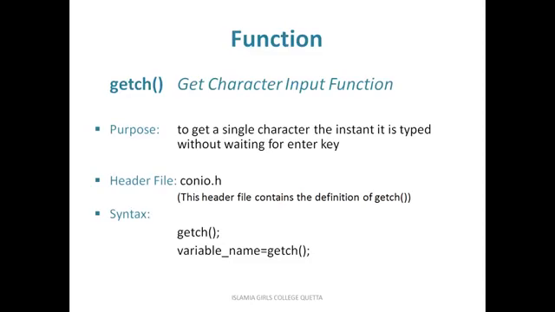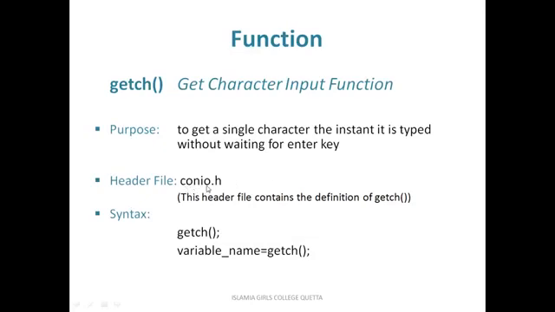The fourth function is getch, the get character. It is also an input function. It is also used for taking the input, but it takes only a character. And it gets a single character the instant or the moment it is typed, without waiting for the enter key. The scanf waits for the enter key.